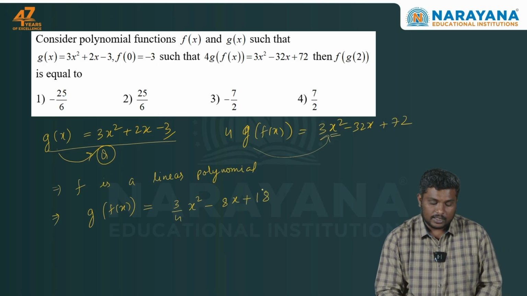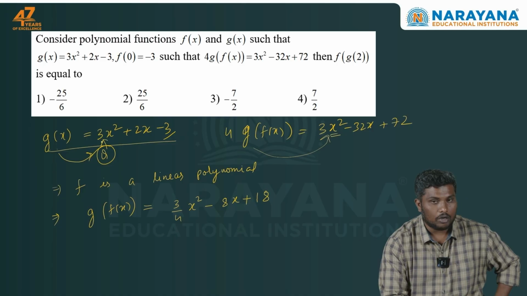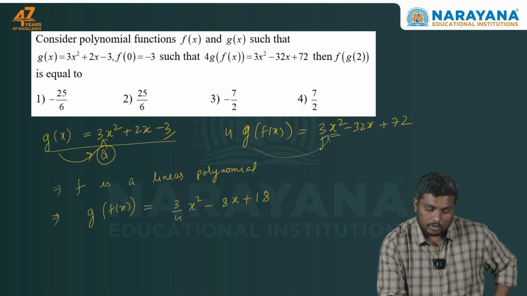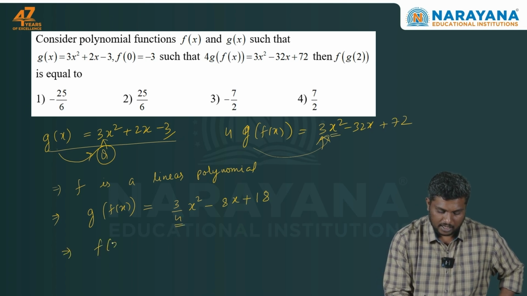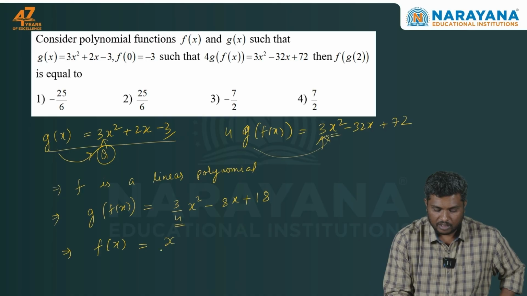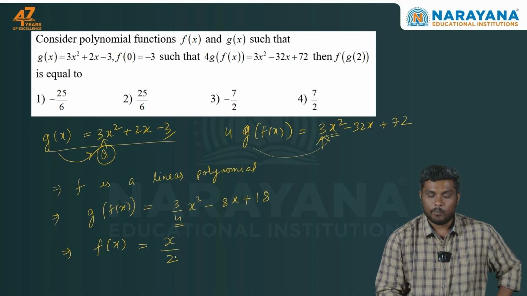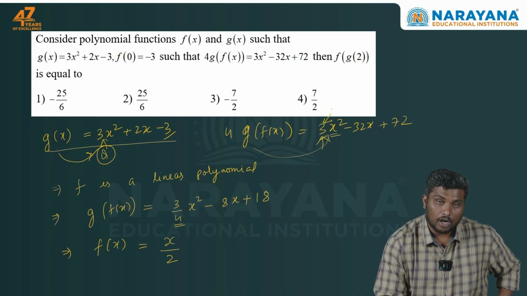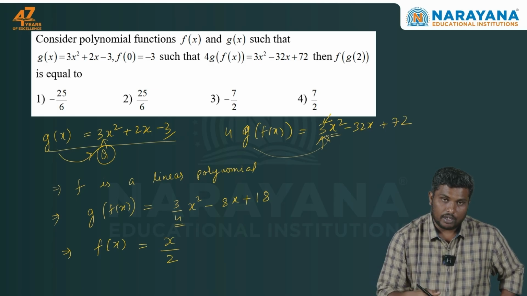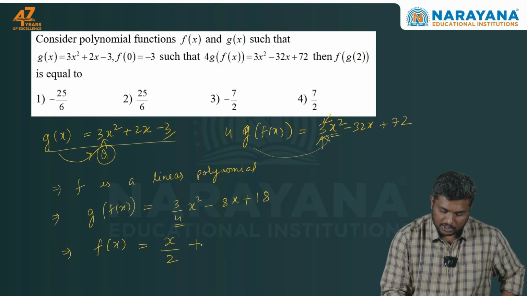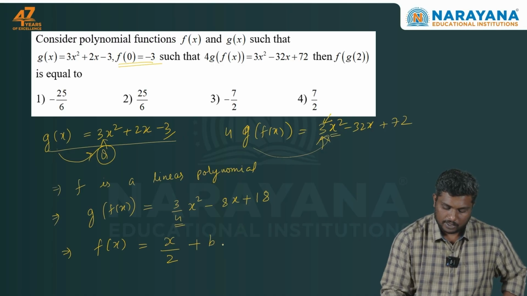As you can clearly see, earlier the leading coefficient was 3, and now also the leading coefficient is 3, and there is a 4 in the denominator, which clearly indicates f of x's leading coefficient will be x by 2, because the leading coefficient 3 did not change after substituting f of x, and then there is 4 in the denominator, so x by 2 plus some constant b. It is given f of 0 is equal to minus 3, so the b value will be minus 3.